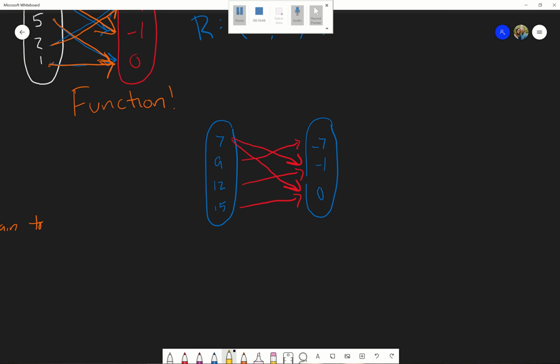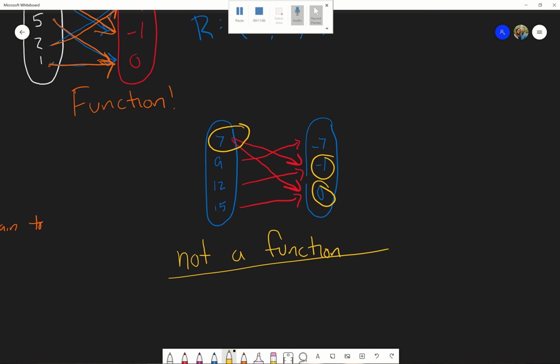The fact that I have two x values that are 7 that have different y values, since this 7 breaks off into two different y values, this is not a function. Okay?